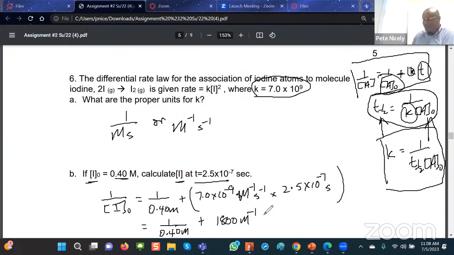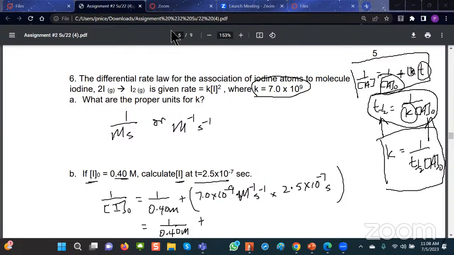So this would be 2.5 times 10 to the minus 9 plus 2.5 times 10 to the minus 7. Okay, so hold on, wait a minute. I thought I did the correct thing, but I think this is not quite correct.